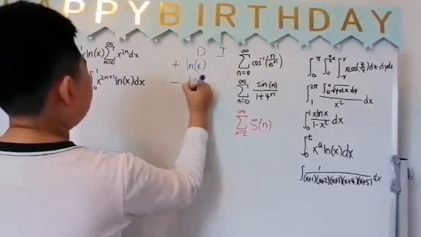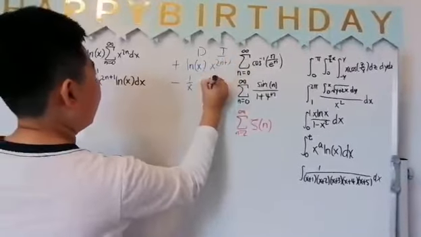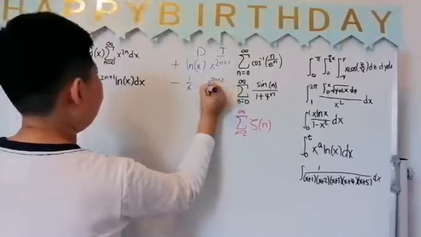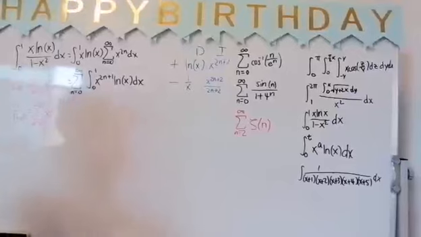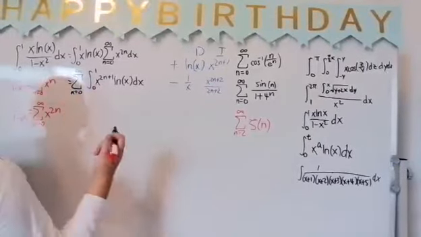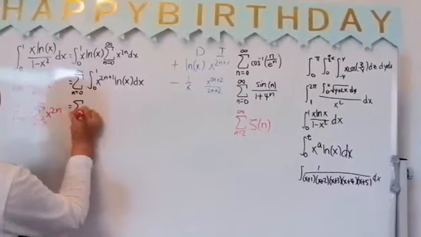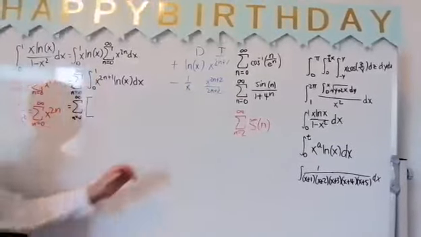We get 1 over x, and then integrating this x to the 2n plus 1, we get x to the 2n plus 2 over 2n plus 2. Alright, so, sum of, let's see here.